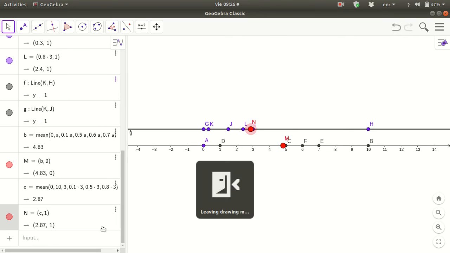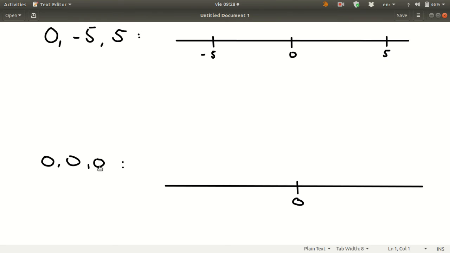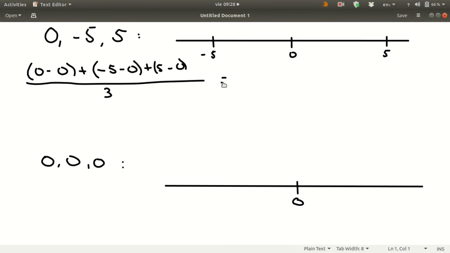Let's take a look at this example. We have -5, 0, and 5 as a data set, and a different data set which is 0, 0, 0. The mean for both of these data sets is 0. Let's calculate the mean distance from the data set to the mean.